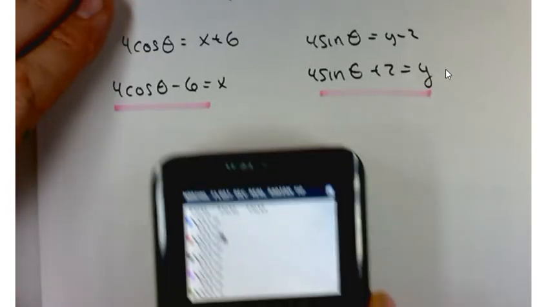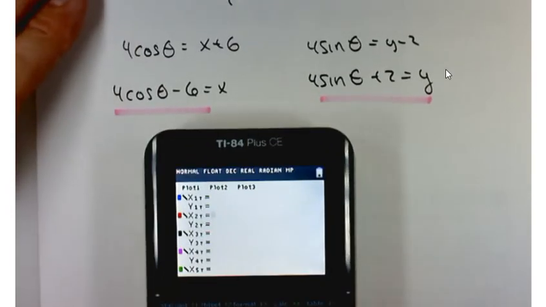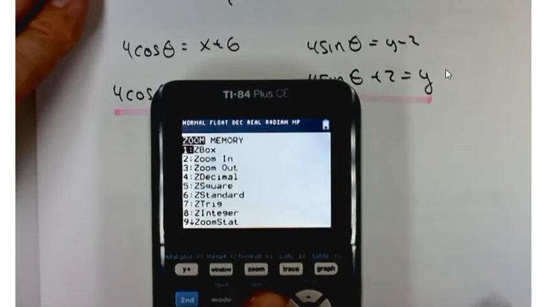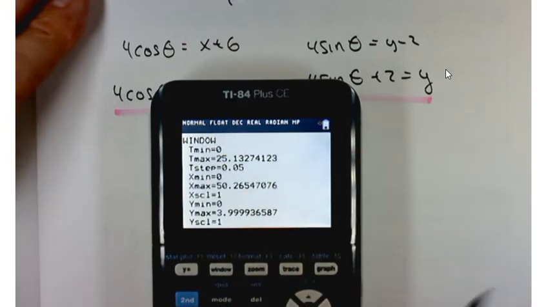Let's take a quick look at the graph. So I got 4 cosine of t minus 6, and then 4 sine of t plus 2. So I don't think I need to go up to 4 pi again.